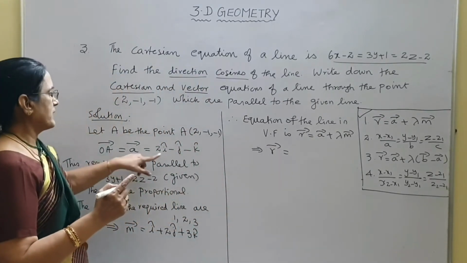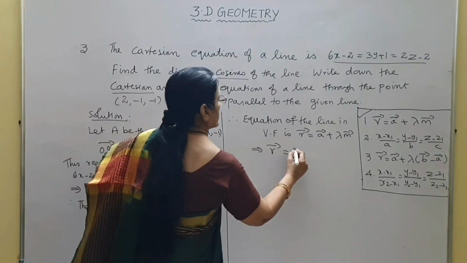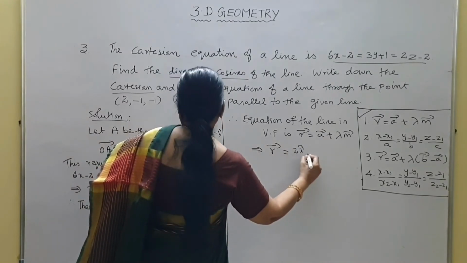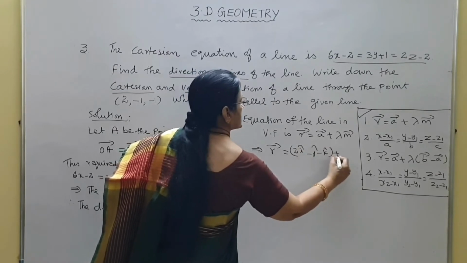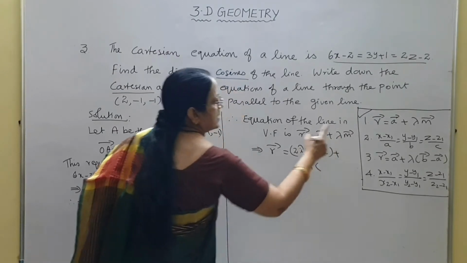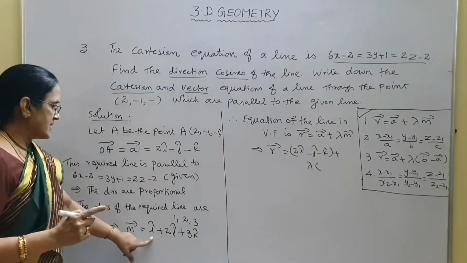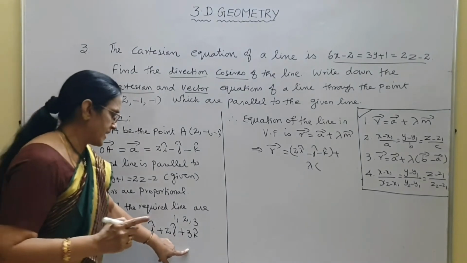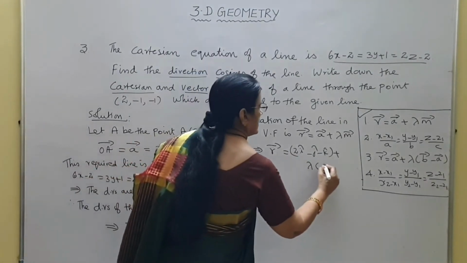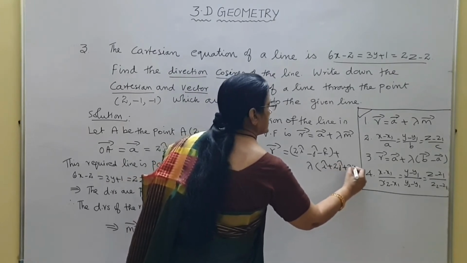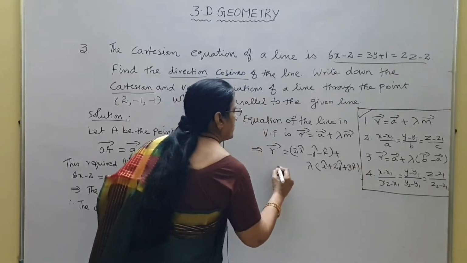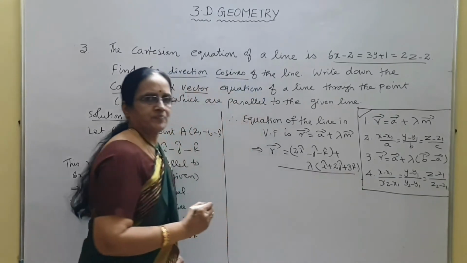Vector A is nothing but 2I cap minus j cap minus k cap. M vector is I cap plus 2j cap plus 3k cap. So, we have written the equation in vector form.